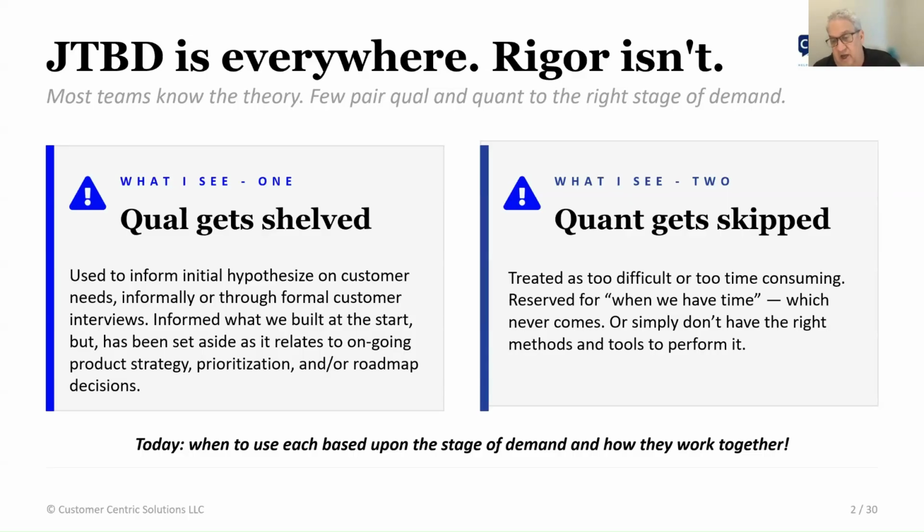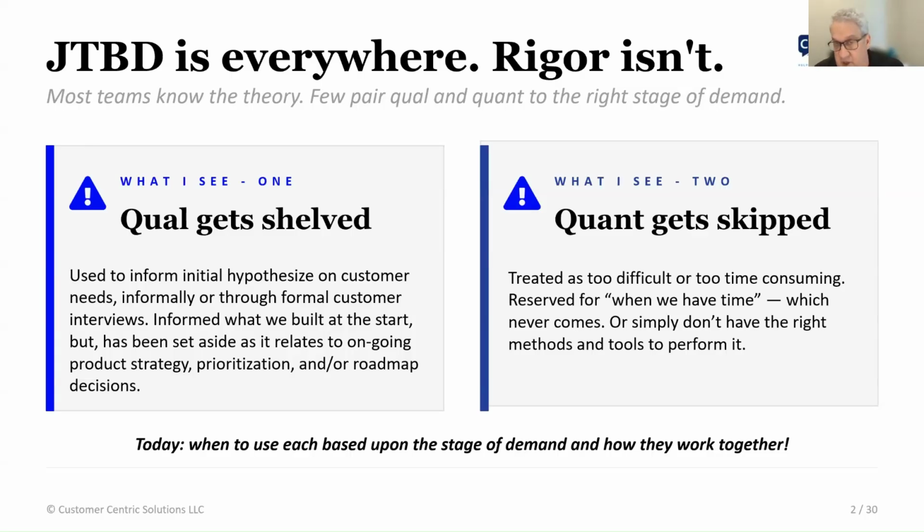Secondly, on the quant side, people might have done initial qualitative research, but the quant gets skipped. They don't make that transition from defining jobs, putting together a job map, identifying all the associated outcomes, and really leveraging those to prioritize or identify where to focus and why, who to build for, what the unmet needs are from a quantitative standpoint, and how you might think about segmenting your customers.